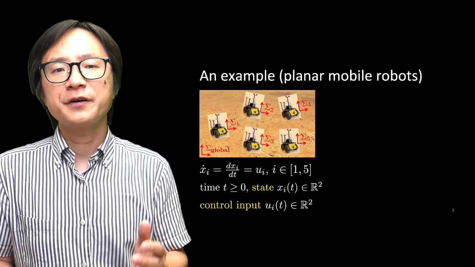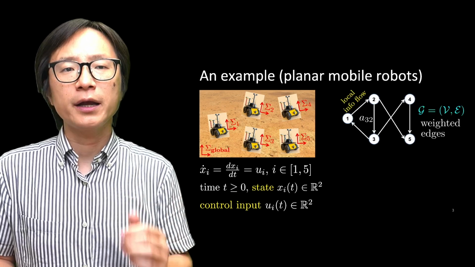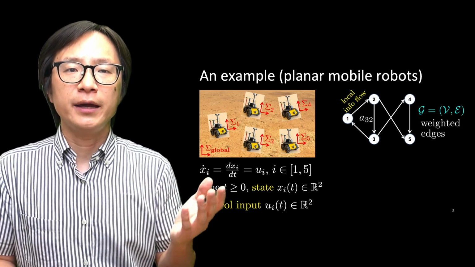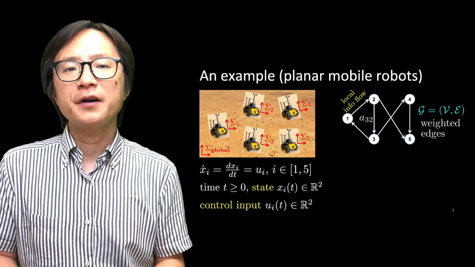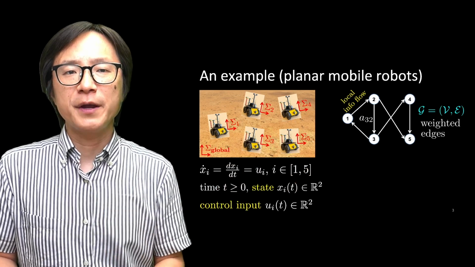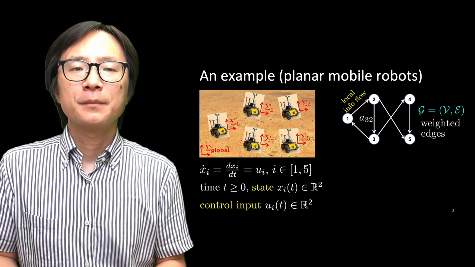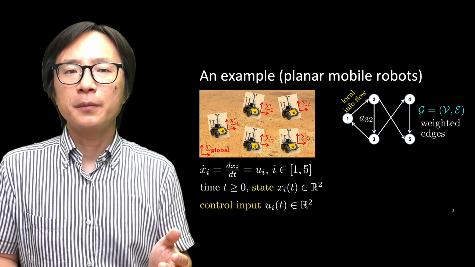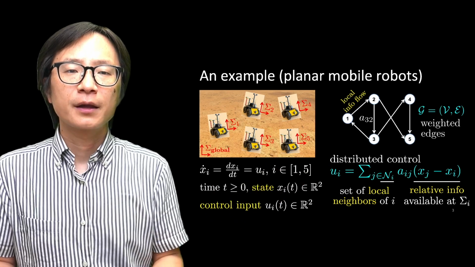Now these rovers can interact with one another only locally, and their interaction structure is captured by a directed weighted graph. Since each rover has only local information and has no access to the global frame, the control ui has to take the form of what's called distributed control, as shown here.